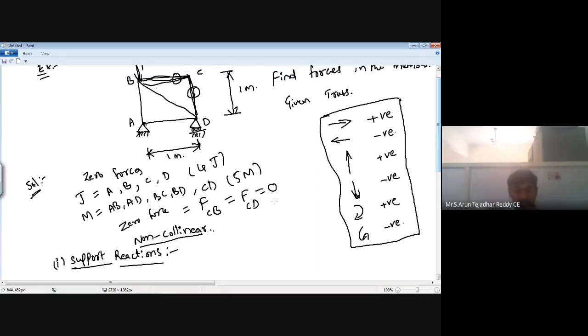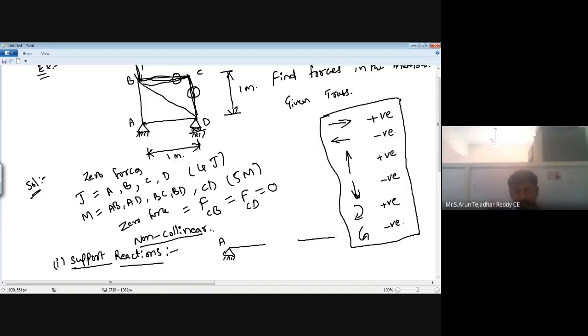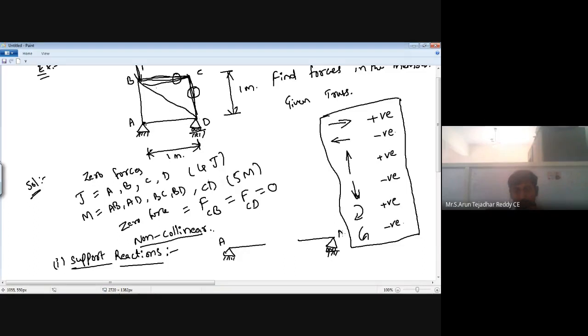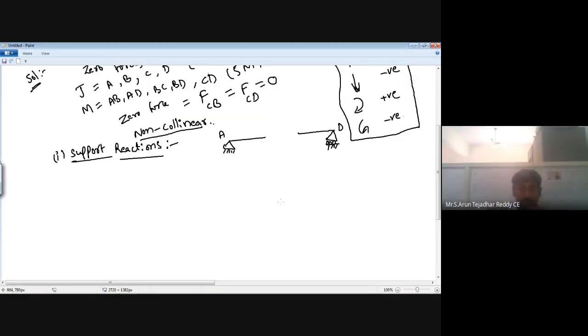In this diagram, at A it is a hinge support, and at D it is a roller support. At a hinge support, you already know that two reactions are there: vertical reaction and horizontal reaction.